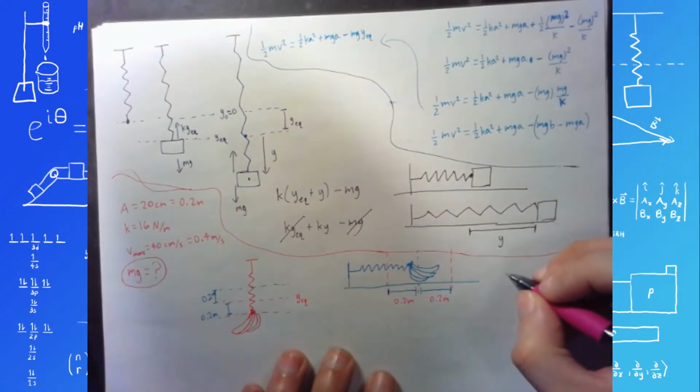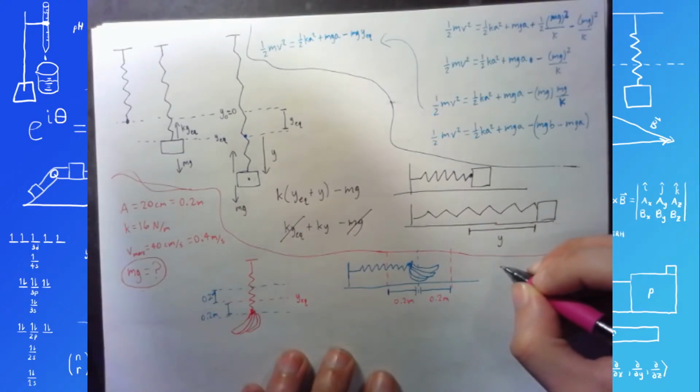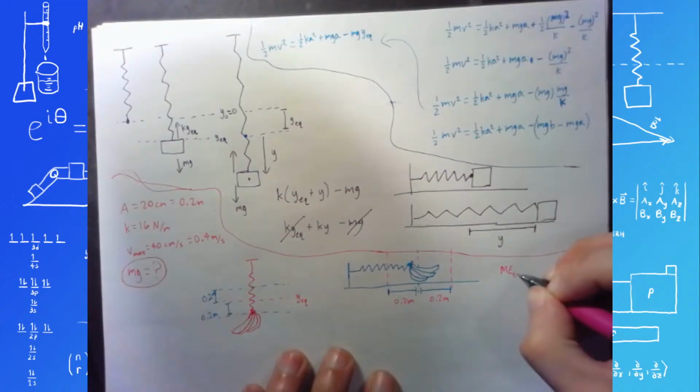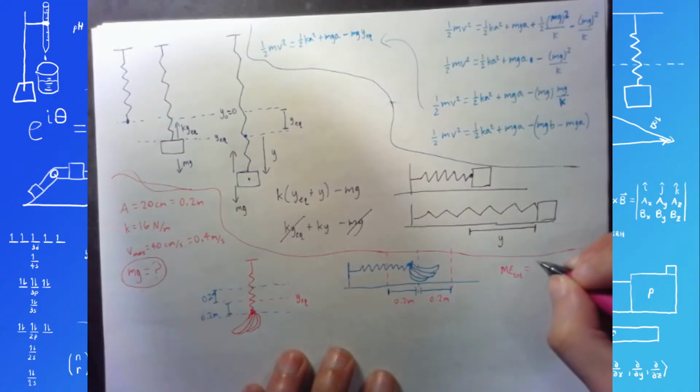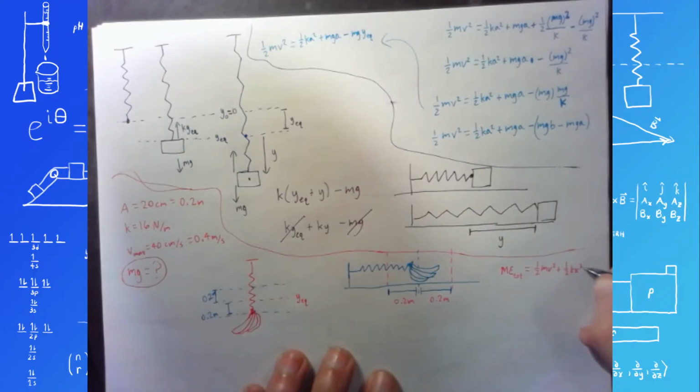So we can just do total energy is mechanical energy total equals 1/2 mv squared plus 1/2 kx squared, or it's also equal to 1/2 mv max squared all on its own, or it's equal to 1/2 kx max squared, or a squared, all on its own.